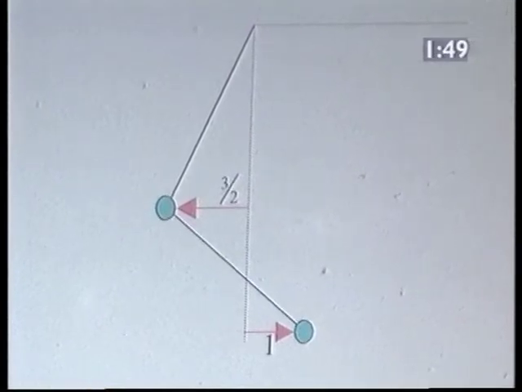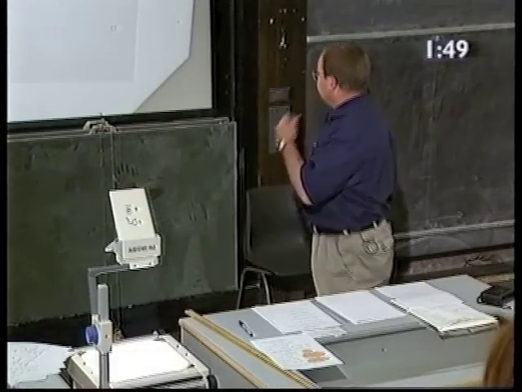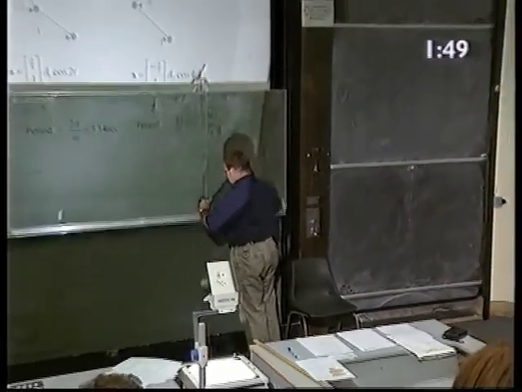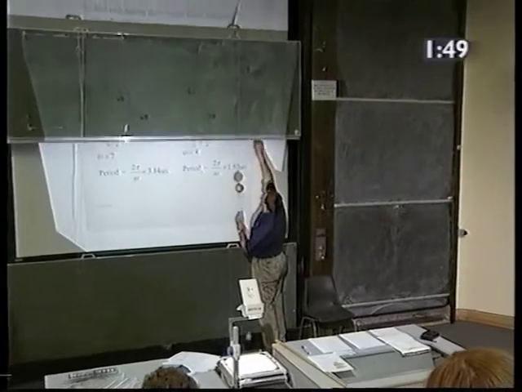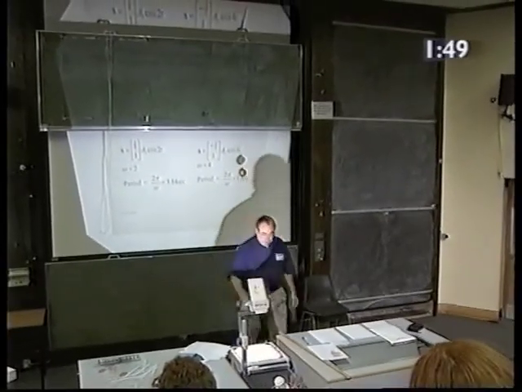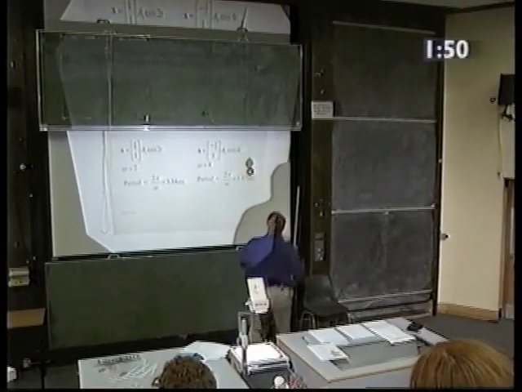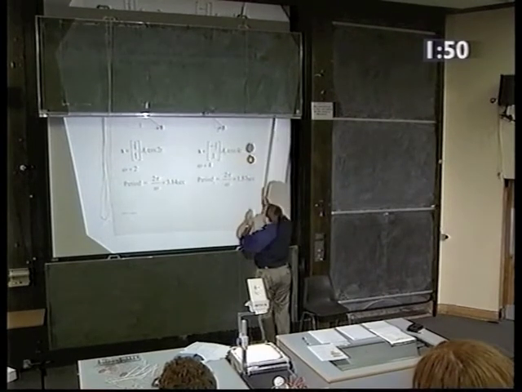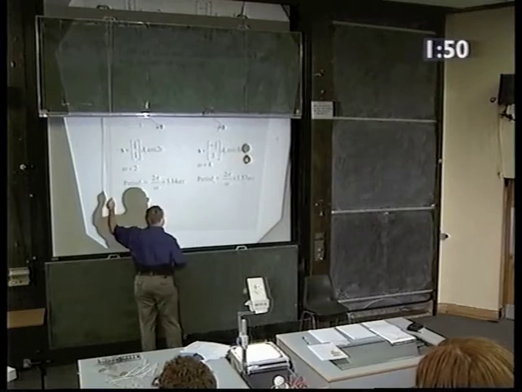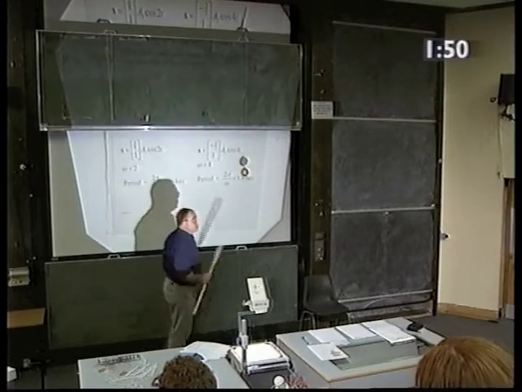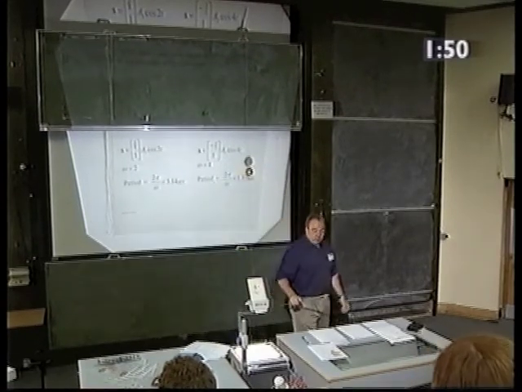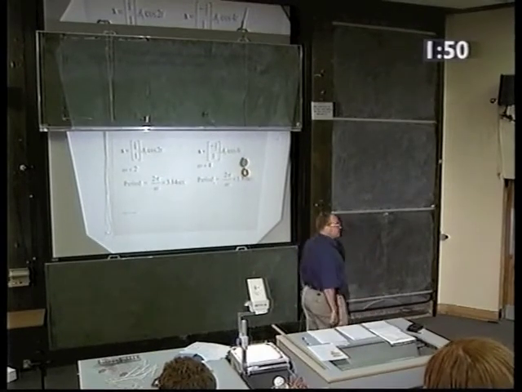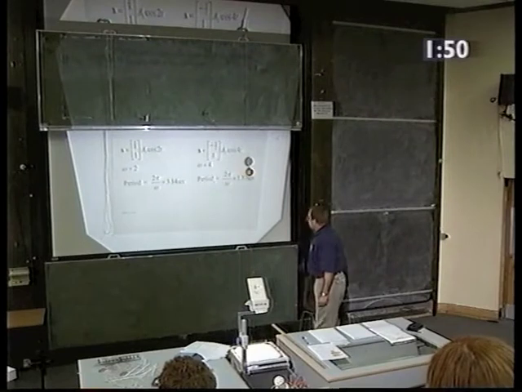Okay, so let's test out the system. I want you to do some timing here. If you've got watches or stop clocks, this is your part of the experiment, your part of the deal.